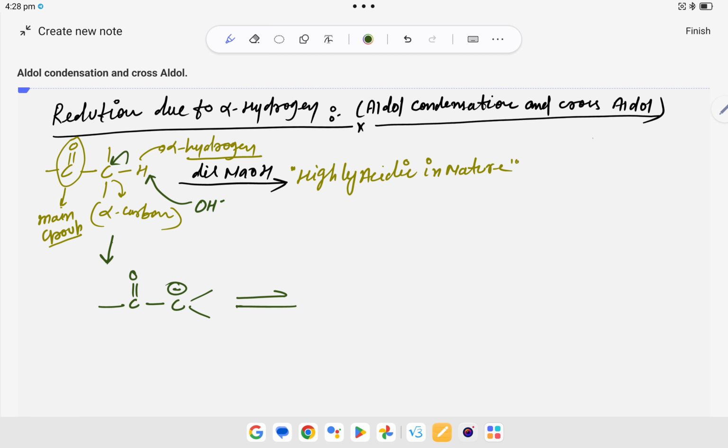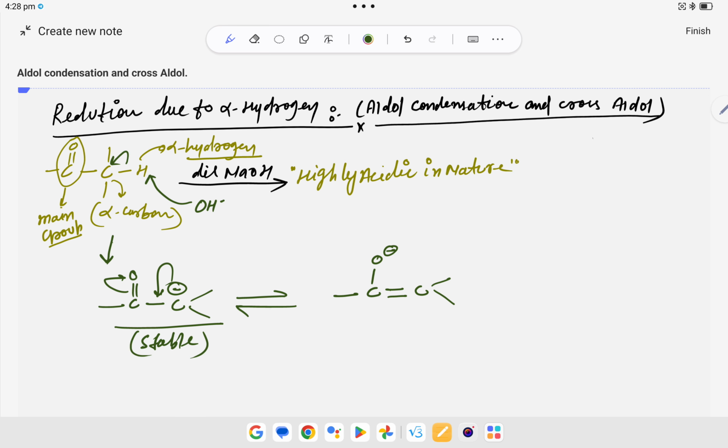This will show resonance. Why resonance? These electrons shift here and pi electrons shift over the carbon. So we are getting C single bond O, double bond carbon, and two more species attached. So this is a stable species.